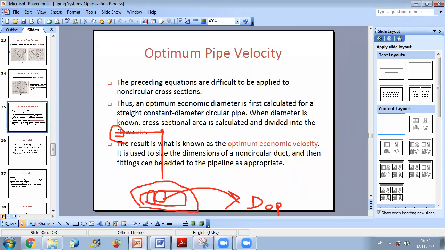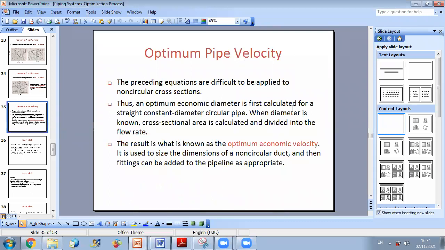Before going to examples, we have seen that the preceding equations developed are difficult to apply for non-circular cross-sections. Therefore, an optimum economic diameter is first calculated for a straight constant diameter circular pipe.